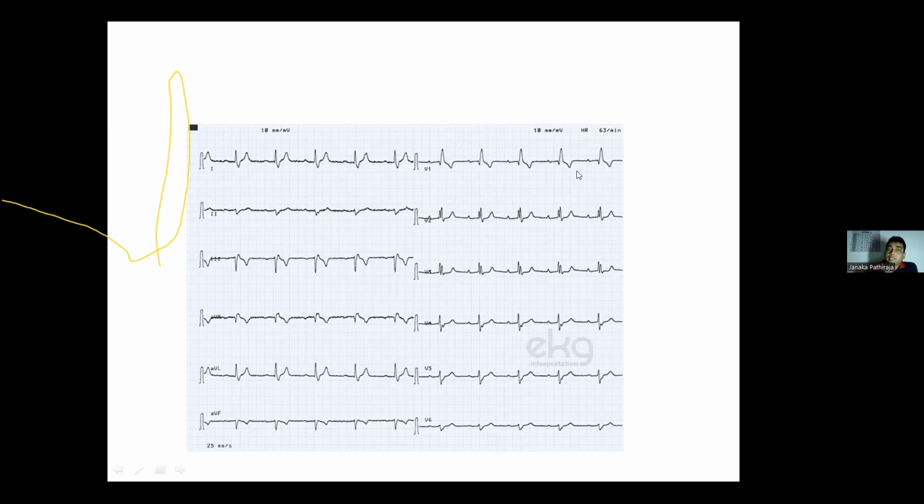That means the anterior fascicle of the left bundle branch is not working properly. So you can see there's an extensive conduction tissue problem. These people can go into complete heart block at any time. So if you see this type of ECG, you have to be careful. If somebody comes with this type of ECG and complains of loss of consciousness, syncope, you should strongly suspect complete heart block, right? Intermittent complete heart block.